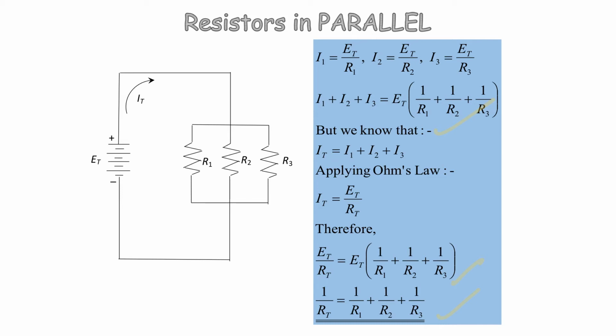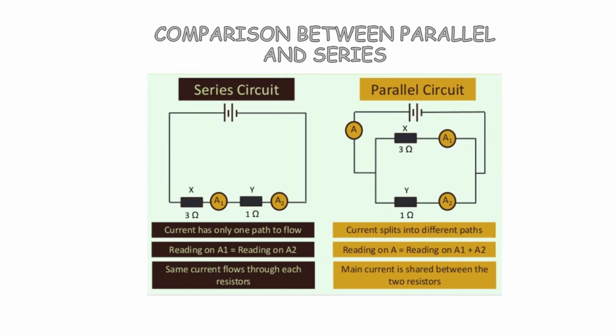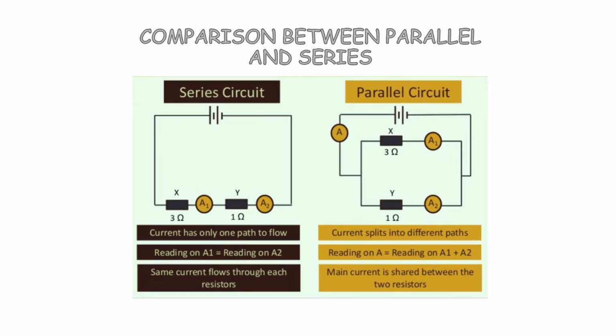Okay, let's move to the next one. Before we proceed with the calculations for resistor series and parallel, now we need to compare between parallel and series for certain situations. I already mentioned that current has only one path to flow for series. However, current is going to split into different paths for parallel.